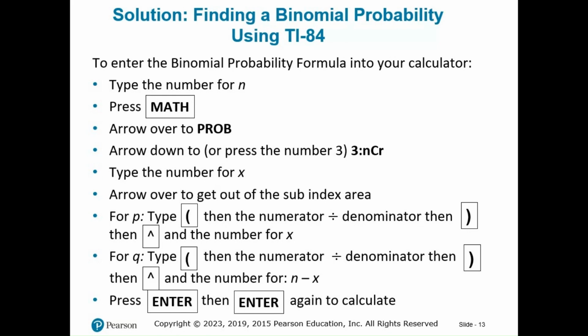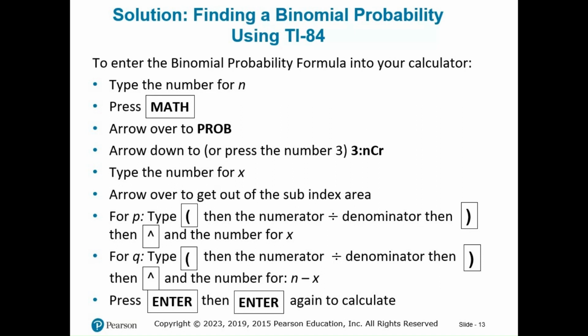For p, type open parentheses, then the numerator, in this case 9, then the division symbol key, then the denominator, in this case 10, then close parentheses, then the caret or exponent symbol, and the number for x, in this case 2.